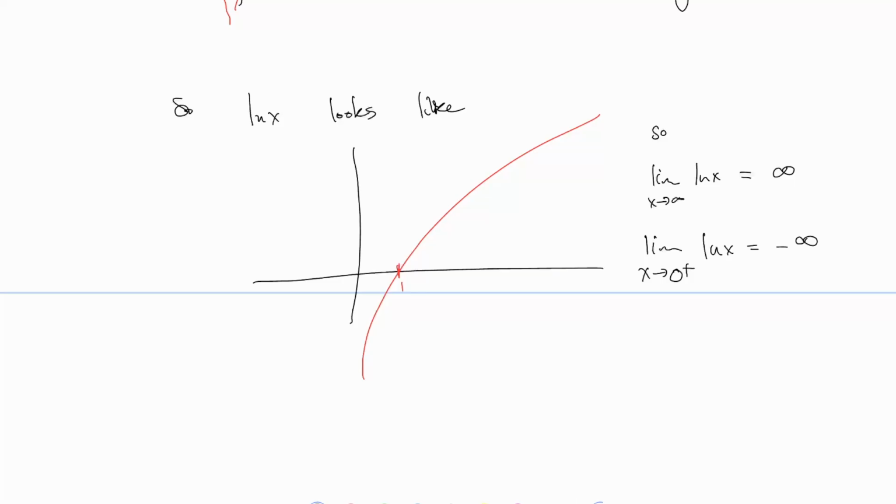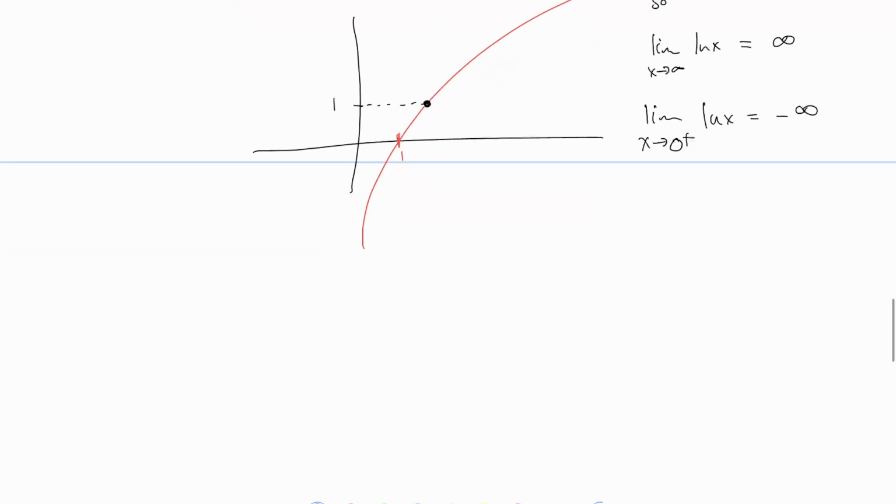One thing that means is, if I look at y equals 1 here, if I were to continue across, according to this picture, there is some number x where ln of x equals 1.